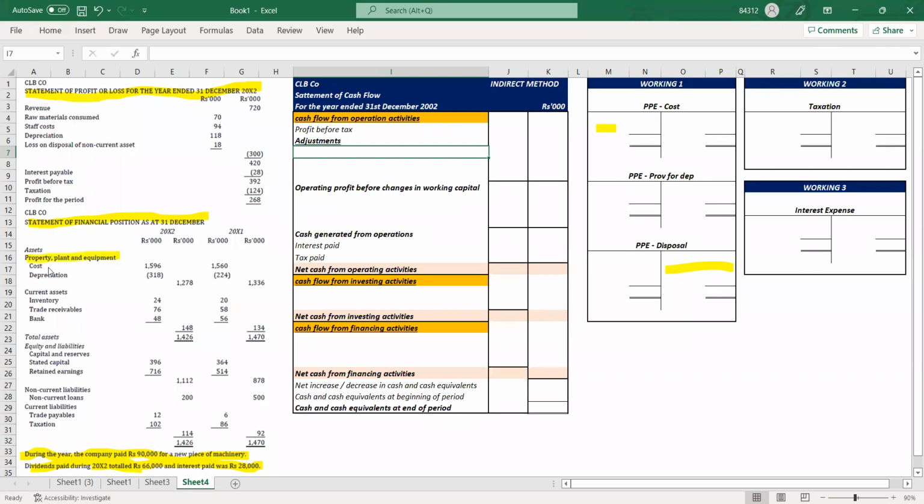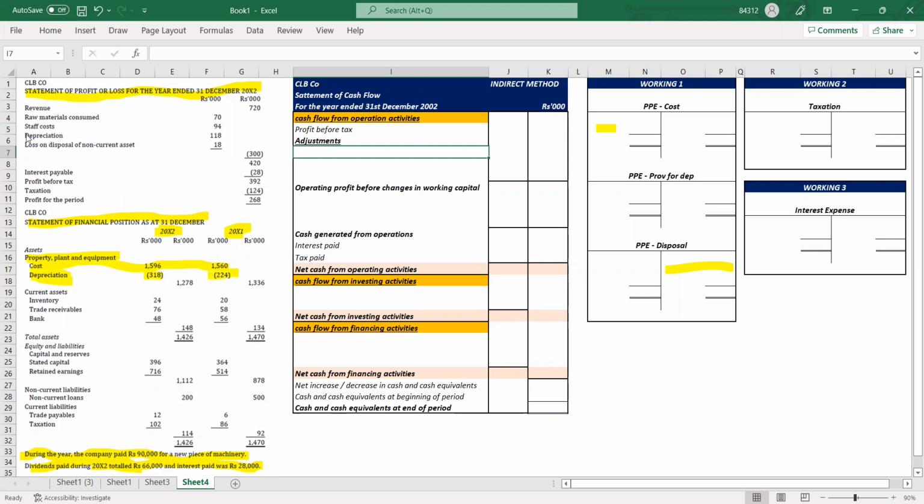Property, plant and equipment. Cost. This is opening 2001, 2002 closing. 1560 opening, 1596 closing. Depreciation means the provision for depreciation, accumulated depreciation, opening and closing.